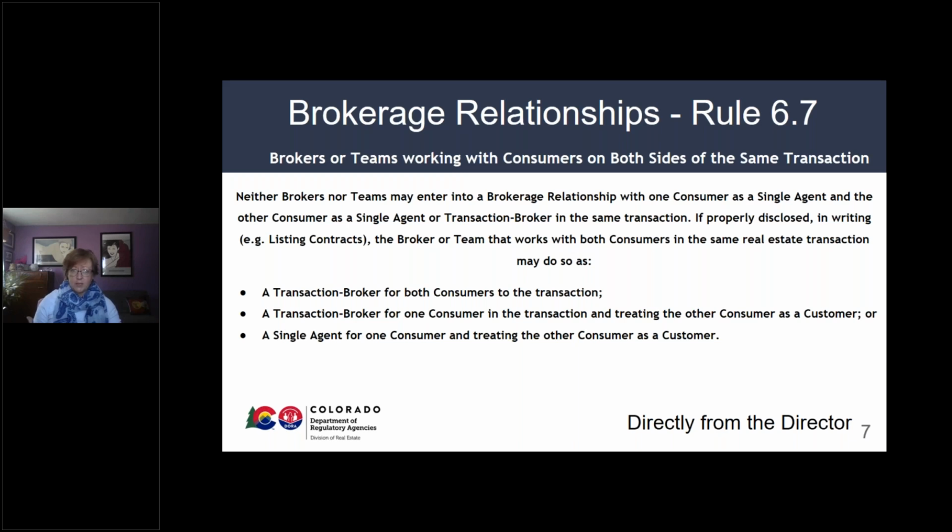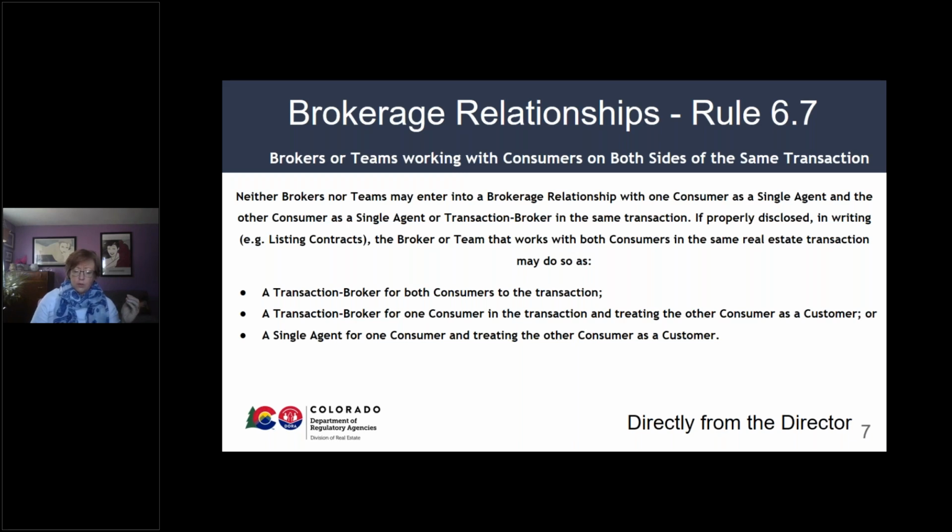That doesn't extend up to my employing broker, even though my employing broker is responsible for supervising what I'm doing. And ultimately, the listing contract belongs to the firm, but I am the designated broker for that transaction. And the employing broker can switch out designated brokers if that's necessary.